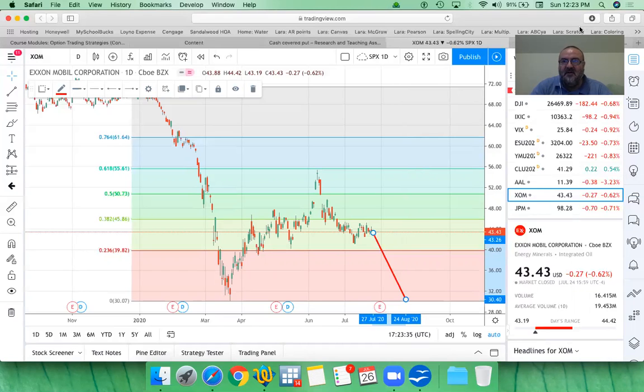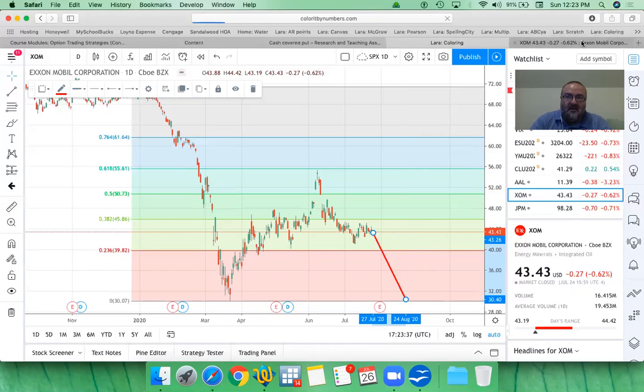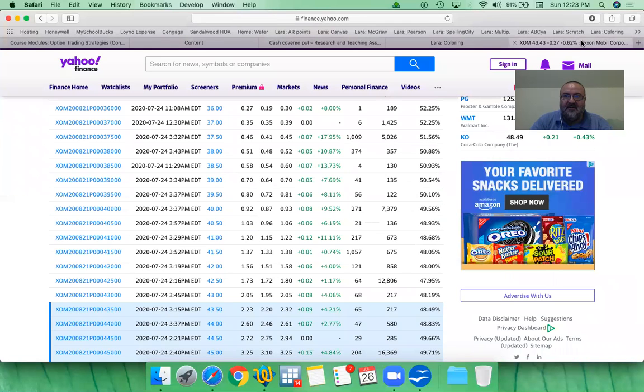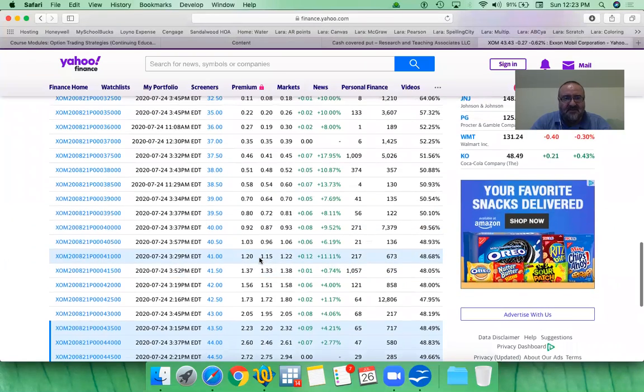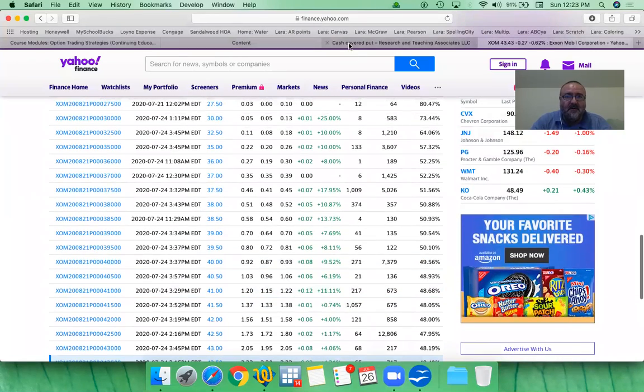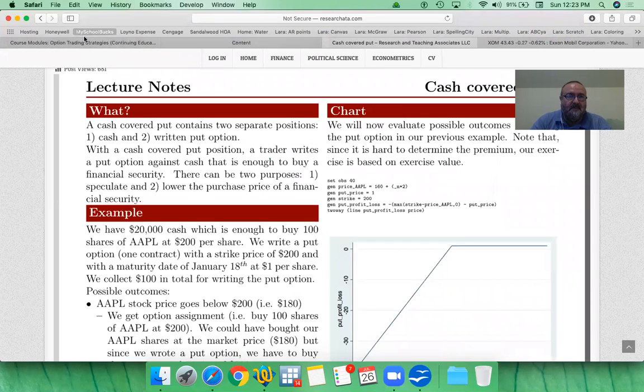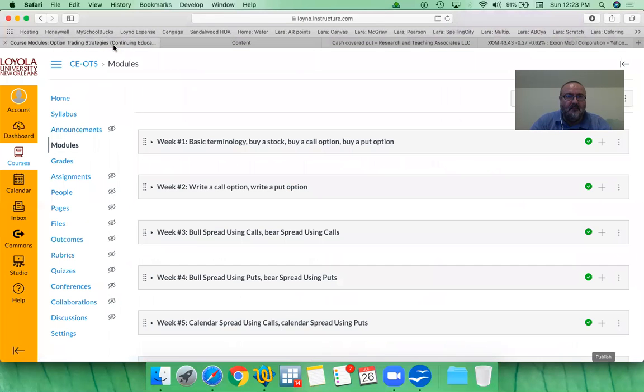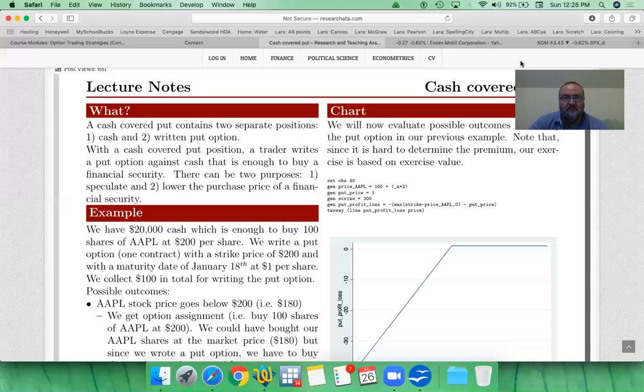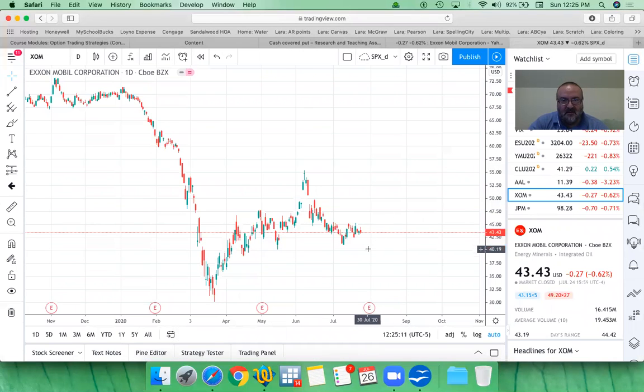So, for instance, what we can do is look at strike prices that are possibly lower. If you were to look at an Exxon strike price that is below 40, obviously you will be lowering your risk of ending up with actual Exxon shares.